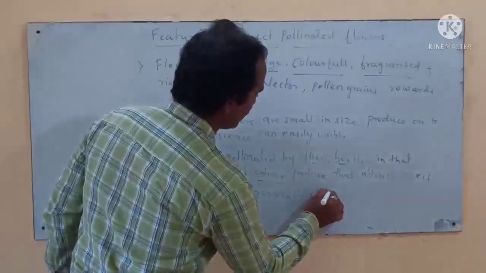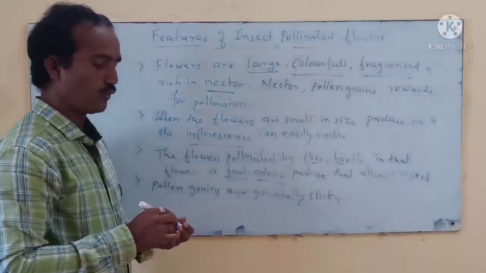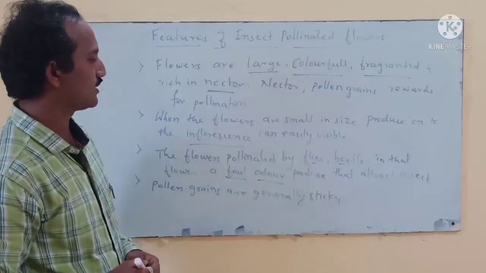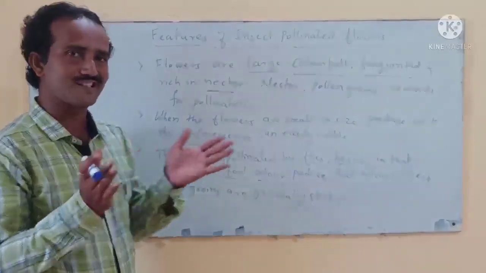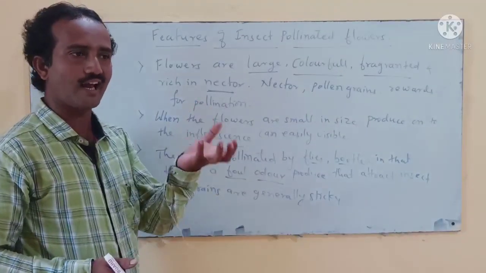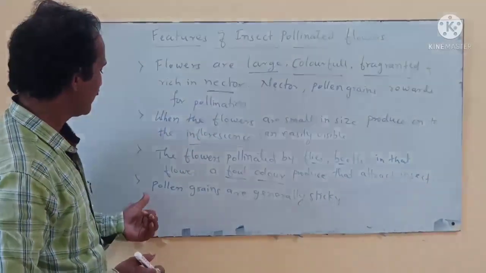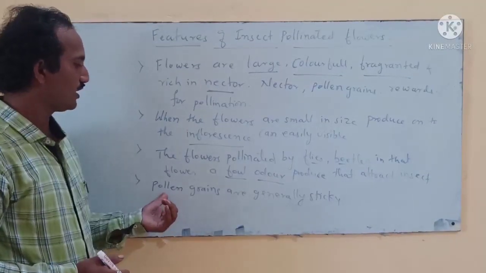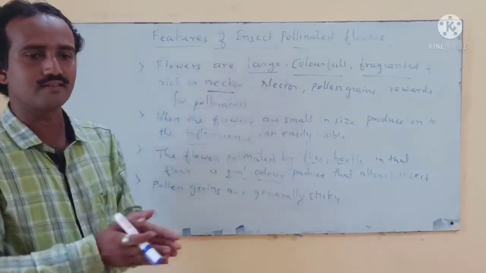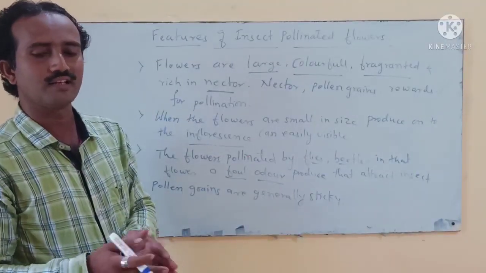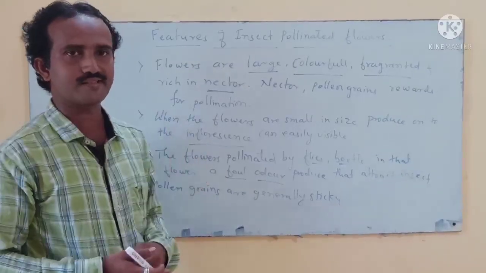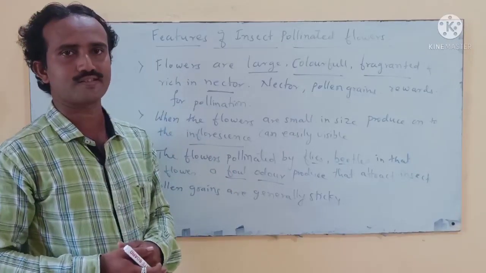As you studied in the last class, in the features of the wind pollinated flowers, the pollen grains are non-sticky and light-weighted. But here it is the opposite. Pollen grains are generally sticky. As soon as they are dispersed from the anther, they stick to the parts of the insects.